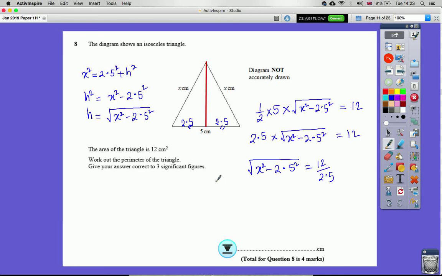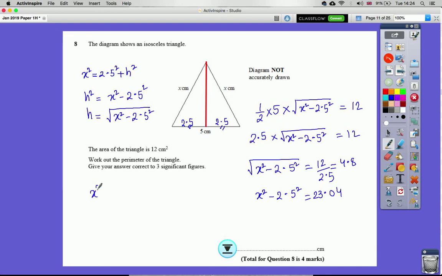Okay, now 12 over 2.5 is 4.8. Now I'm going to square both sides. So I get x squared minus 2.5 squared is 4.8 squared, which is going to give me 23.04. Now I'm going to add 2.5 squared to both sides.